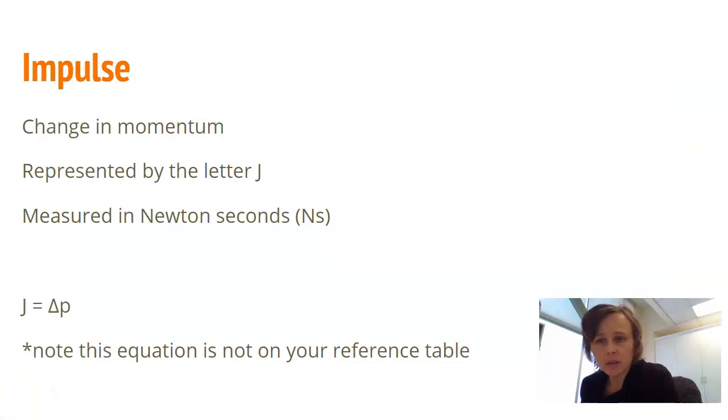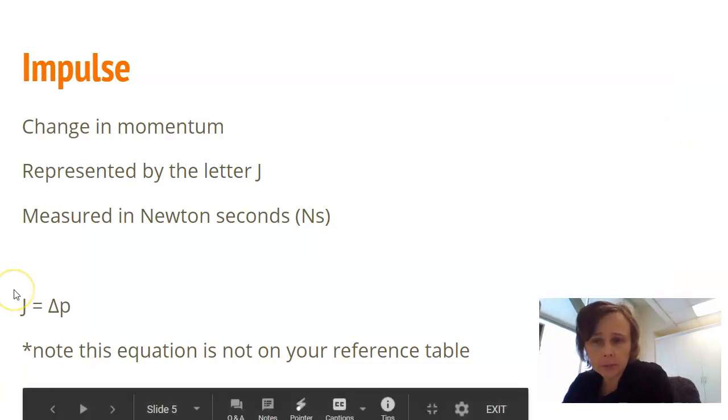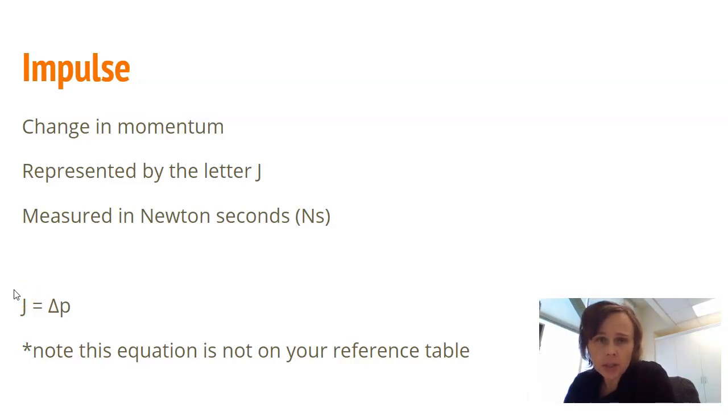There is another physical quantity that we're going to learn about today, and it's impulse. Impulse is a change in momentum. It's the final momentum minus the initial momentum. It's represented by the capital letter J, not I, because the letter I is taken by another quantity, the moment of inertia, which you will learn in another unit.